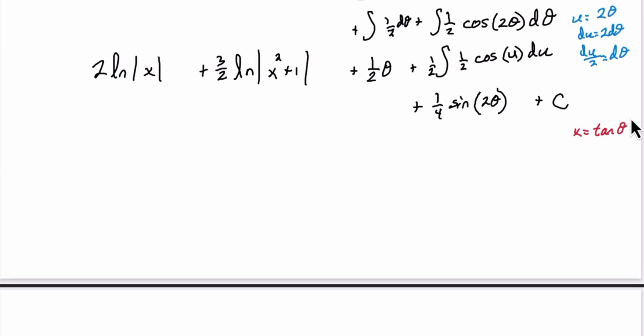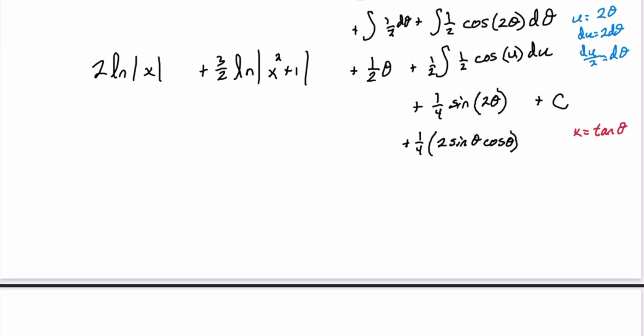But the problem with this last piece is we have a double angle. So let's again rewrite it in a manner that we can focus on just theta. Sine of 2 theta is 2 times sine theta cosine theta. Lots of trig identities here.